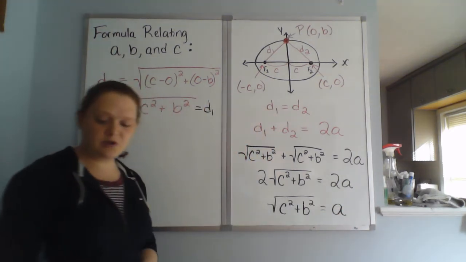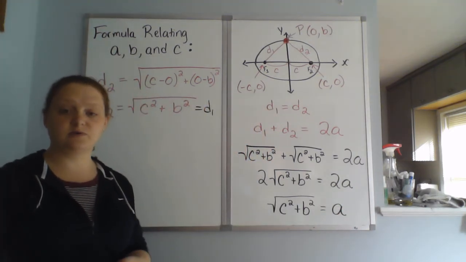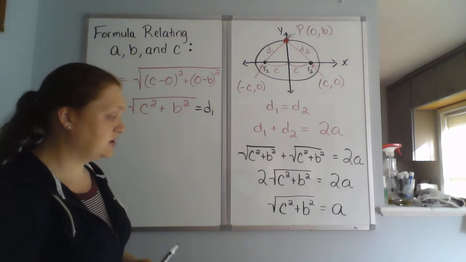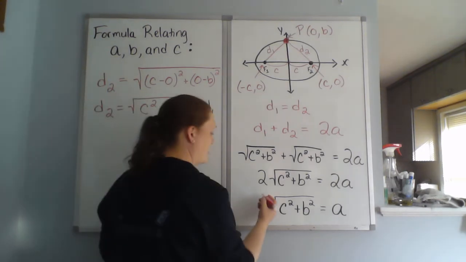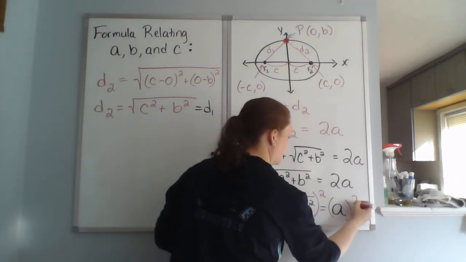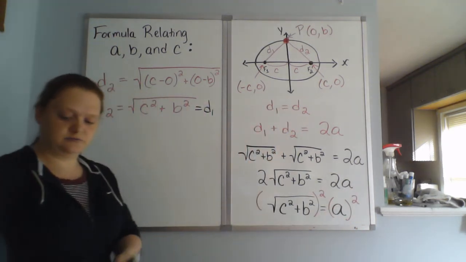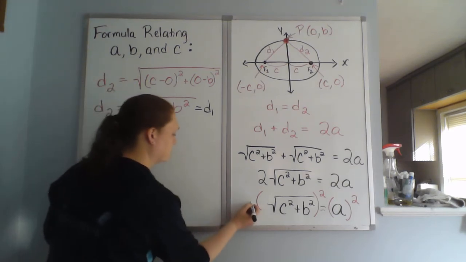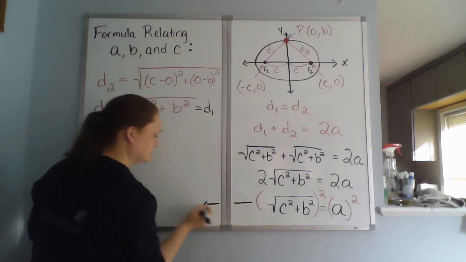All right, but we know that formulas in general are easier to deal with when they don't have radicals involved. So what I'm going to do now is square both sides to get rid of that radical. All right, so that's going to bring me over here. I'm out of space. Okay.